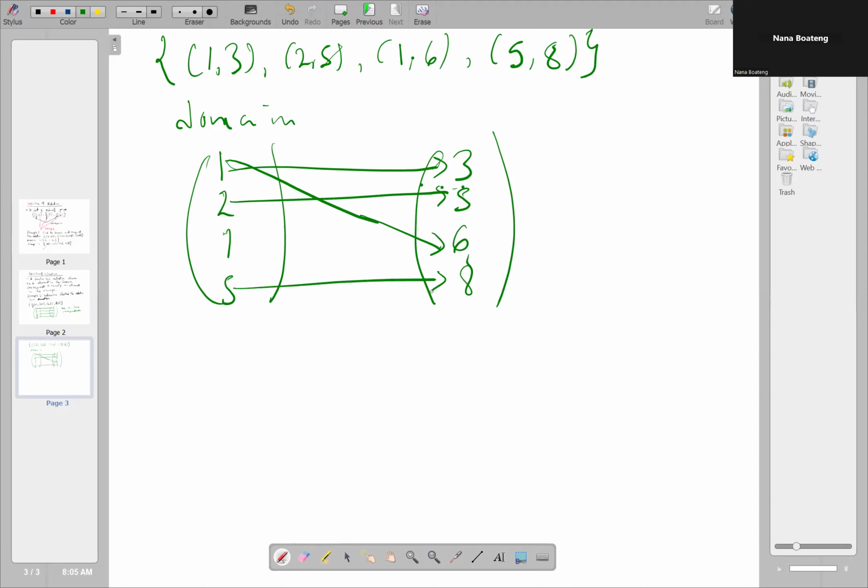Because we have 1 which maps onto both 3 and 6, this relation is not a function. The same element in the domain is mapping onto more than one element in the range, so that disqualifies this relation from being a function.